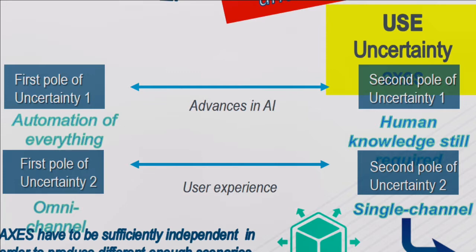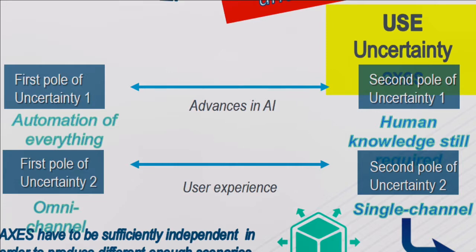So these axes necessarily need to be independent, orthogonal, in other words, completely unrelated to each other. And each axis, you can imagine, has 2 extremities, 2 ends, and therefore for 2 axes there are 4 extremities. Once again, we use these 4 extremities to identify the 4 different potential scenarios that can be generated.